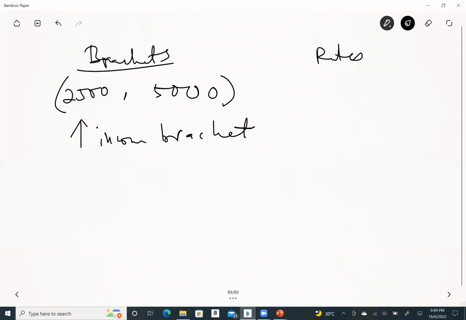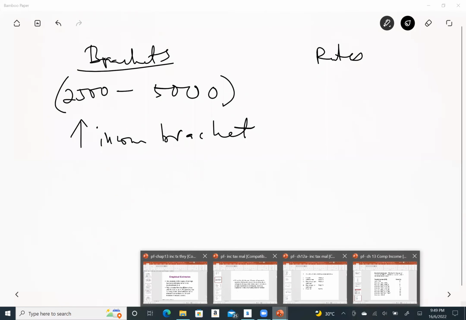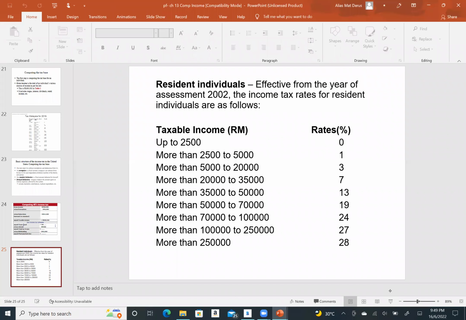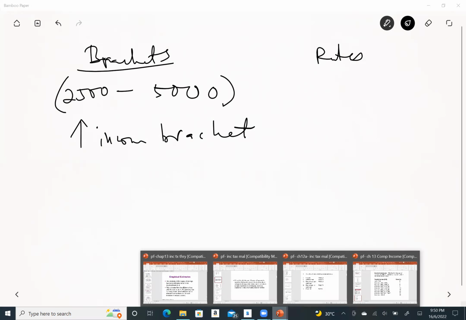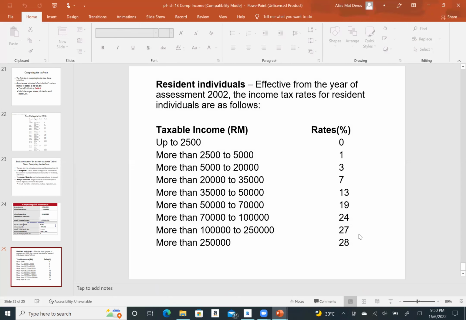So you do this sign here. What I want you to do is write down the bracket. Don't write more than, less than. You just write the bracket like I wrote here, so that it will be simpler to represent the bracket. You write that in, and then you write the rates.